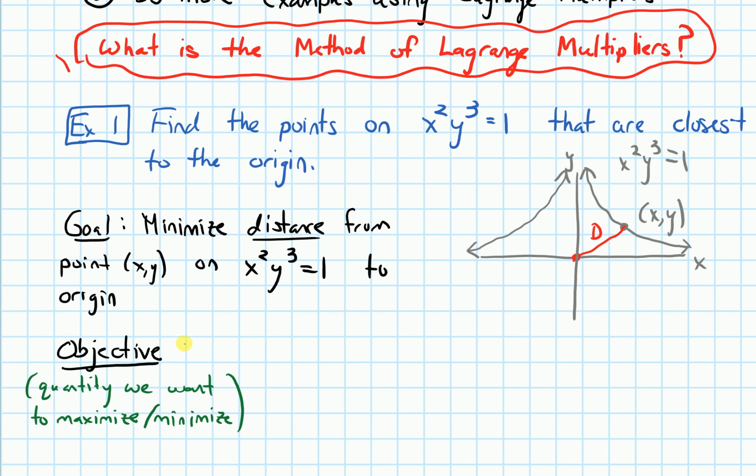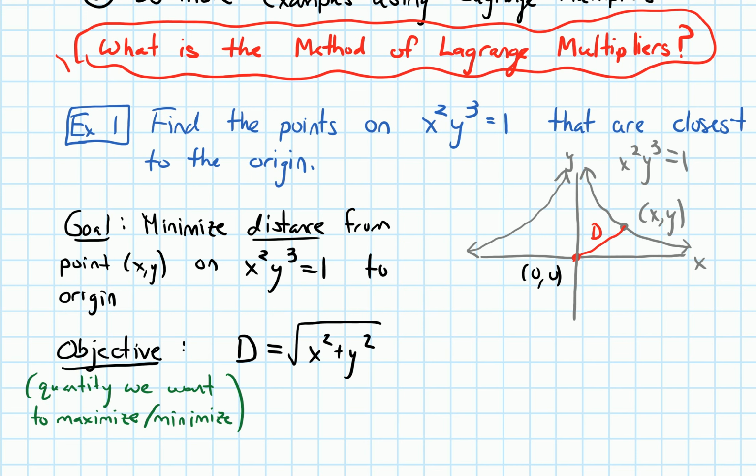In this question, our objective is d, the distance. Let's write an equation for this objective. The distance between the point x comma y and 0, 0, using the distance formula, would be x squared plus y squared, square rooted.